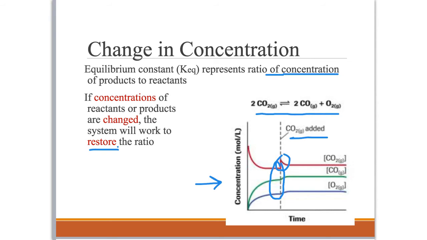It'll jump up. But eventually they will all even out again. We'll see equilibrium established at a slightly higher point so far as the actual concentrations, but the ratio remains the same. The proportion between these lines has returned to the same distance, and so the ratio is the same, just the concentrations have slightly changed.